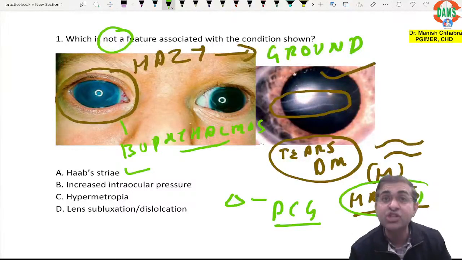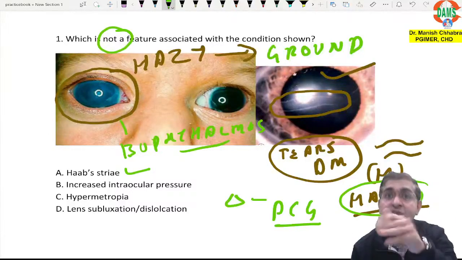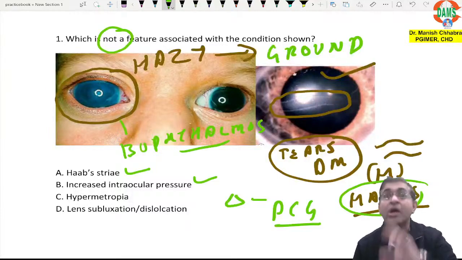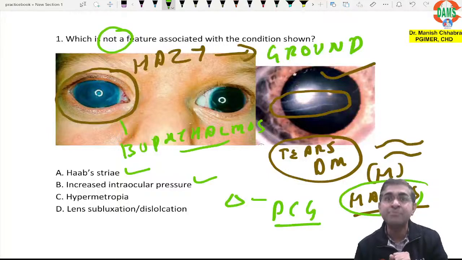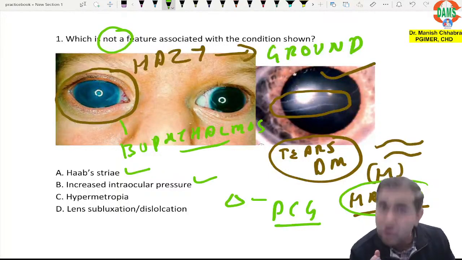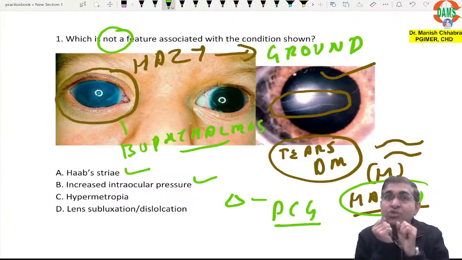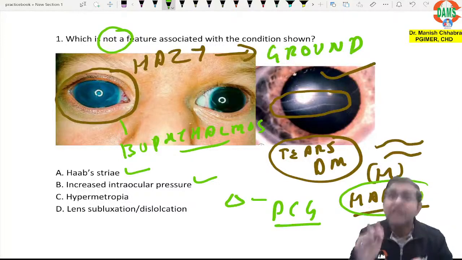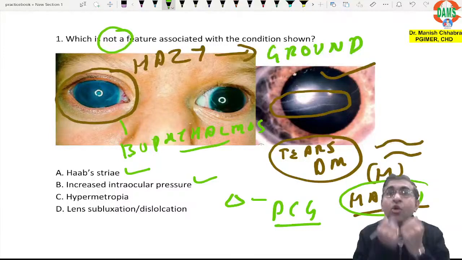Next is congenital glaucoma, raised intraocular pressure. Of course. Raised intraocular pressure leading to Haab's striae, buphthalmos, ground glass appearance of the cornea. Now, when there is raised intraocular pressure, it is going to push the lens, due to which the lens may get subluxated or dislocated.